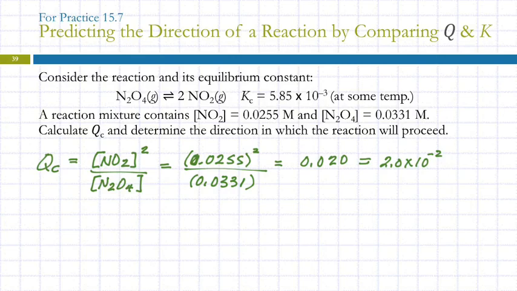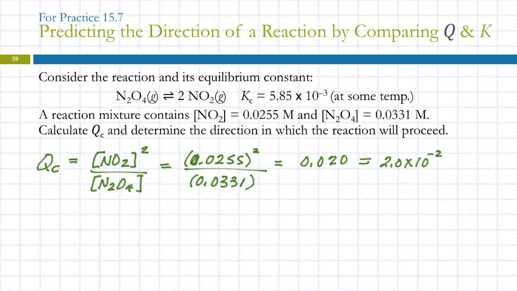Now determine which direction. So is this larger or smaller than K? It's larger. And sometimes it's tricky with these negative exponents. If that messes you up, write it in decimal form, even if you have to count out a whole bunch of zeros.